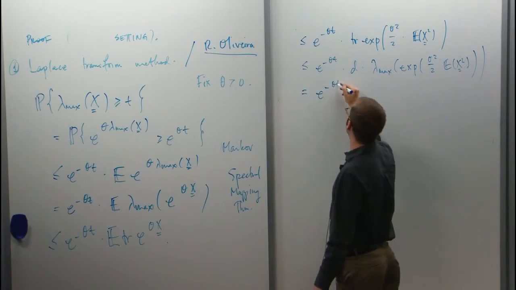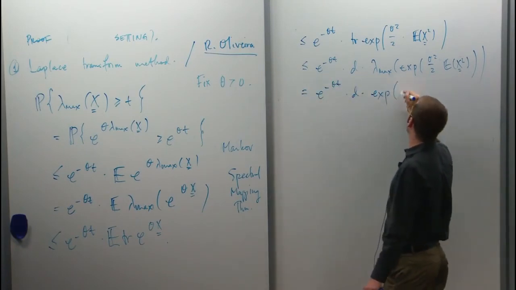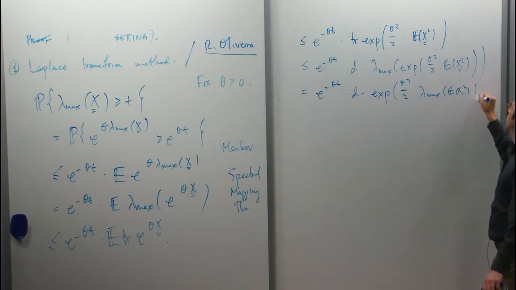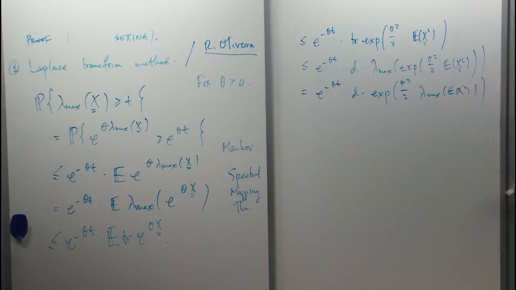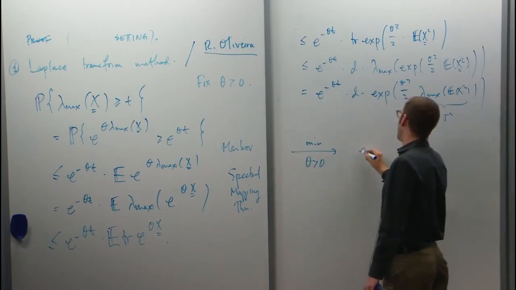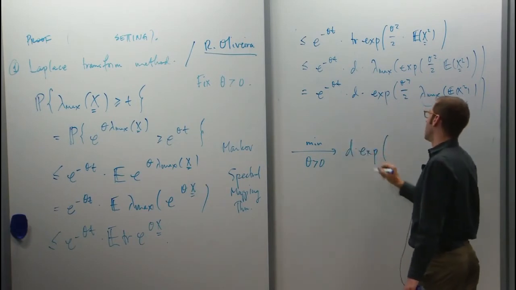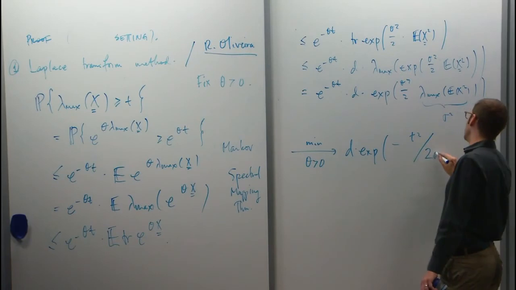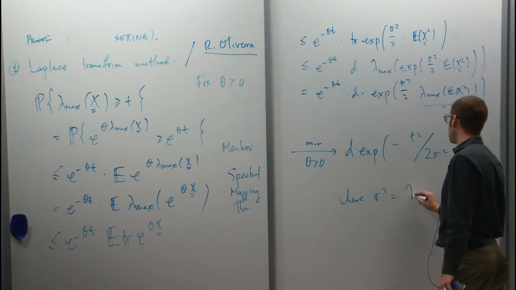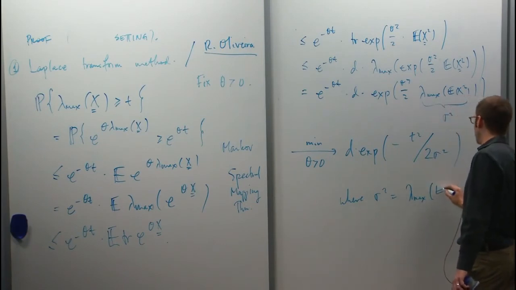All right, now we're going to call this guy sigma squared. It's just sort of the variance of the random matrix. And we're going to minimize over theta greater than 0, and we'll obtain the bound d times the exponential of minus t squared over 2 sigma squared, where sigma squared equals lambda max of expectation X squared.